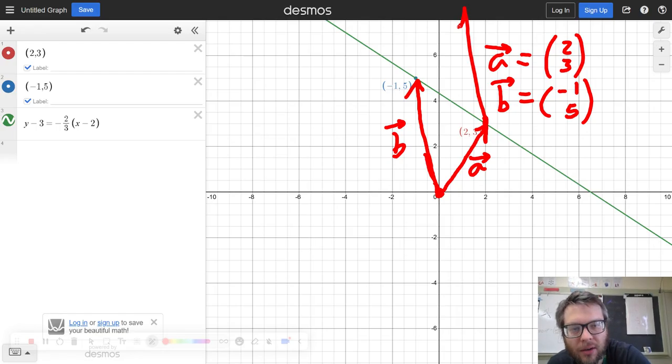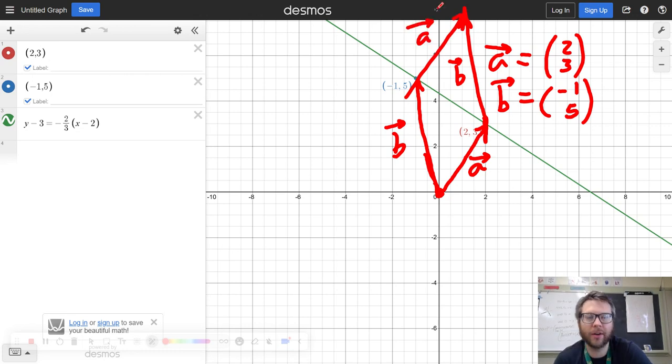Right here, it would land at 8. And I could also pick up vector A, so this is still vector B over here, translate vector A, that goes 2 steps to the right and 3 steps up. And you'll notice that they're making this really nice parallelogram. And you'll also notice that the line goes along the diagonal of that parallelogram.